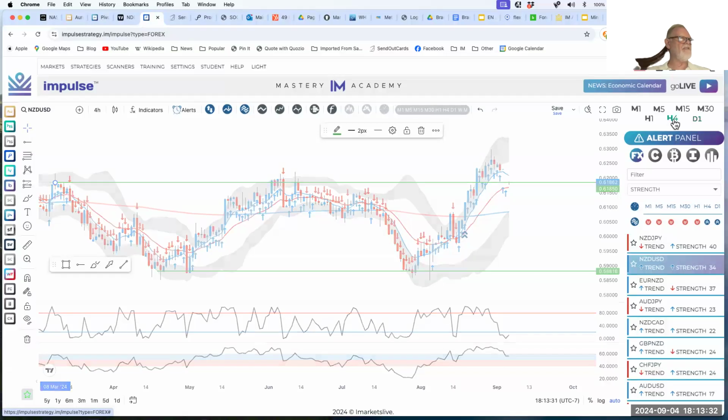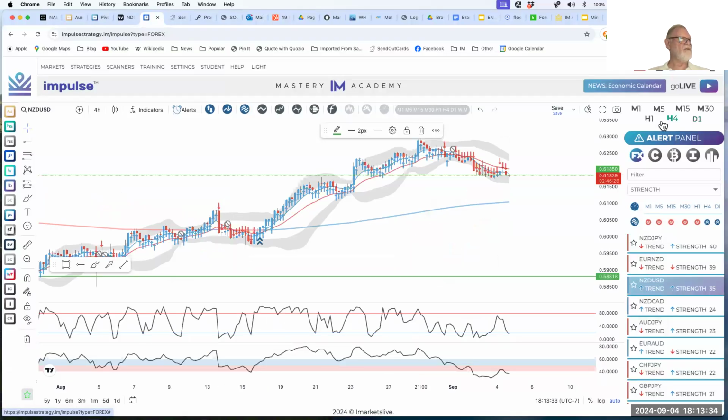We can drop down to the 4-hour. Those will carry on, but you'll start seeing some other nice areas. This is certainly a nice area of support still here. There's some other areas of support. There's another one right here that you might keep an eye on.